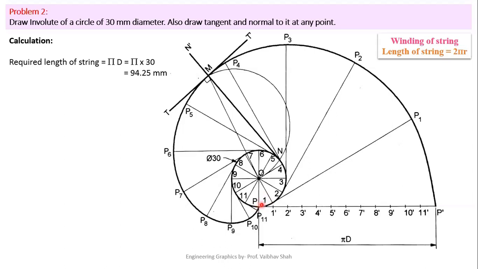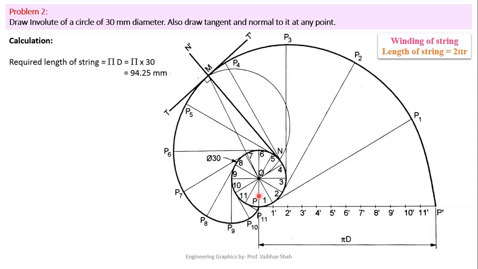Now if this is 0, this is 1, then it is obvious that we have to give the numbering in anti-clockwise pattern. So let us give numbering 0, 1, 2, 3, 4, 5, 6, 7, 8, 9, 10, 11, and this point would be finally your point number 12, which is also known as here as point P. So now we have divided this circle into 12 number of equal parts.